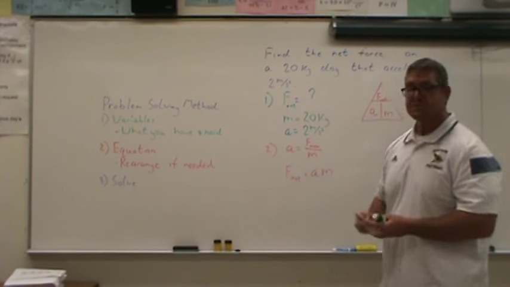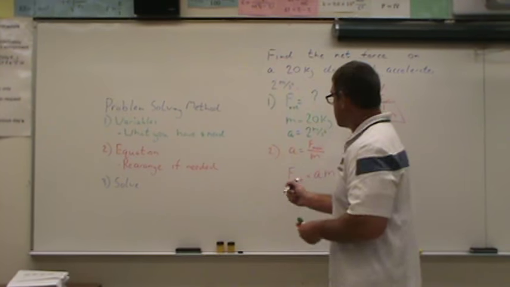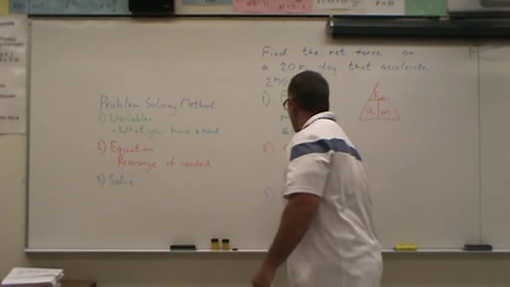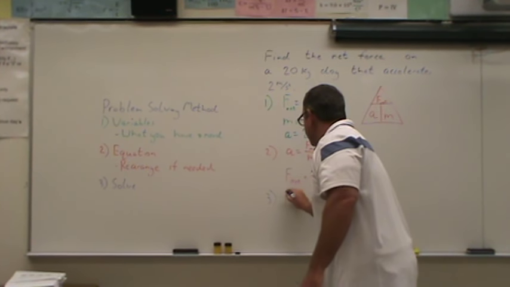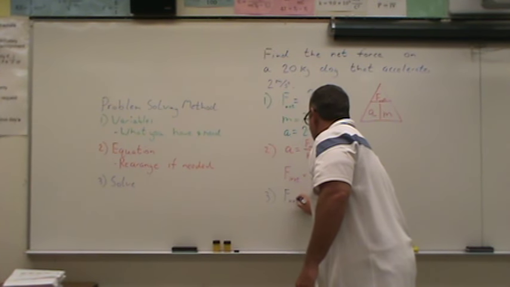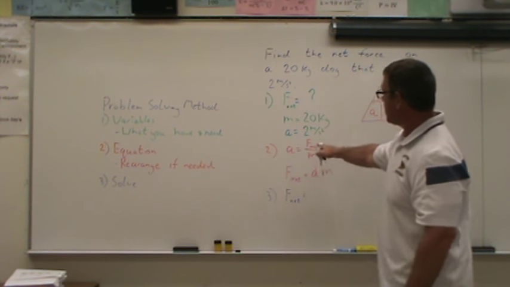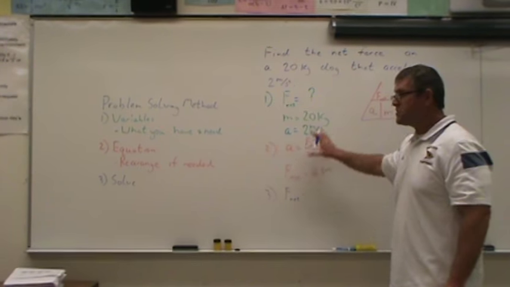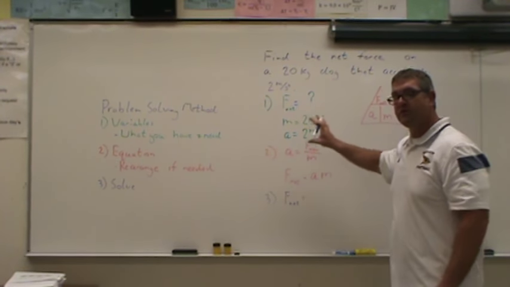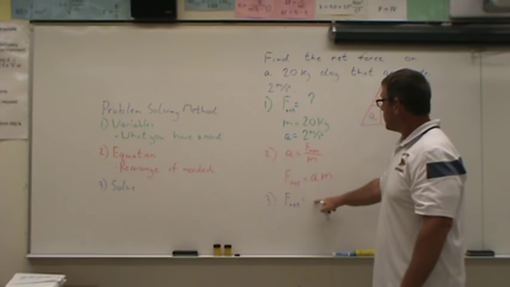Our last step is to solve. So we're looking for force net, so that's what we have. Our acceleration we plug in from our step 1. We don't need a story problem anymore at this point if steps 1 and 2 are done correctly. Here we're looking for force.